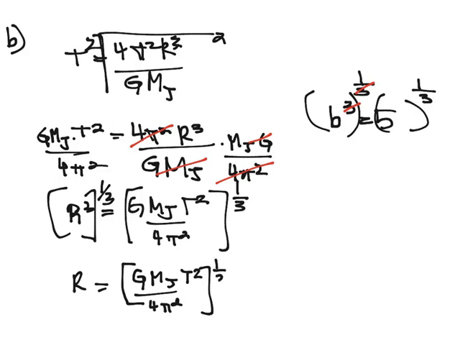Now the hard part comes in. We have to actually plug this into a calculator. If you don't get it, try it a couple of times, but you should end up with 1.6 times 10 to the 8th, and remember this is in meters.